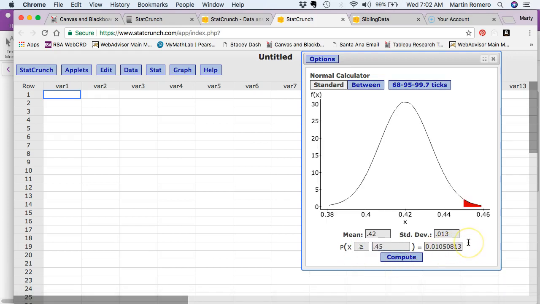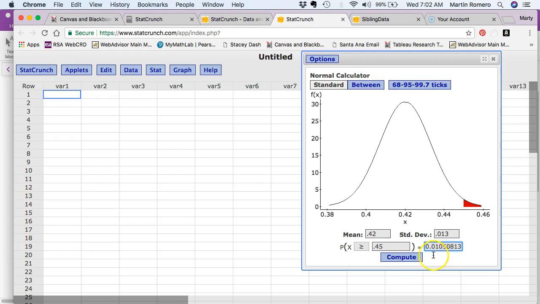And so our answer, we should get 0.011. So that would be our answer there.